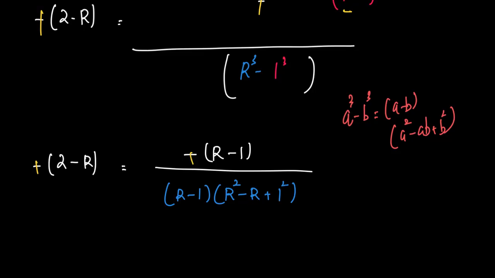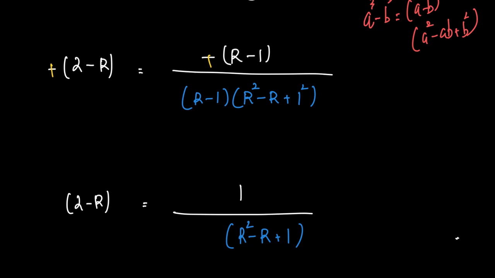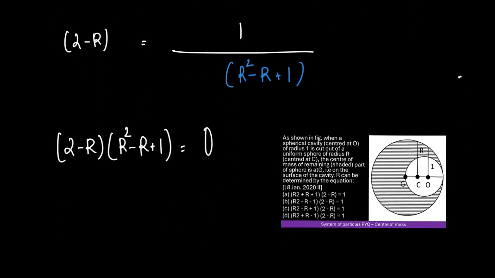And from these two steps, r minus 1 by r minus 1 is 1. So what we have is 1 by r square plus r plus 1 is equal to 2 minus r. And if you cross multiply, what you get is 2 minus r into r square plus r plus 1 is equal to 1, which gives us the correct option as option C.